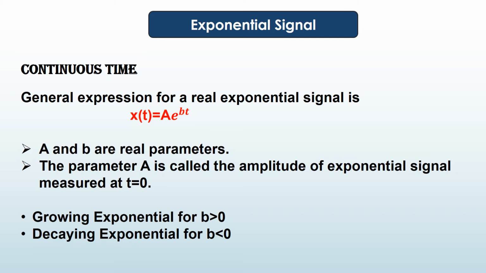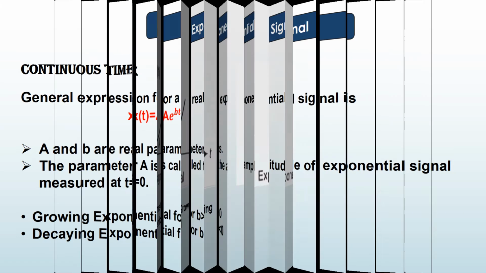Now based on the nature of values of b, we have growing exponential and decaying exponential. That is, if the value of b is greater than 0, that particular exponential signal will be growing type, that is a growing exponential signal. And if the value of b is less than 0, then it will be a decaying exponential signal.